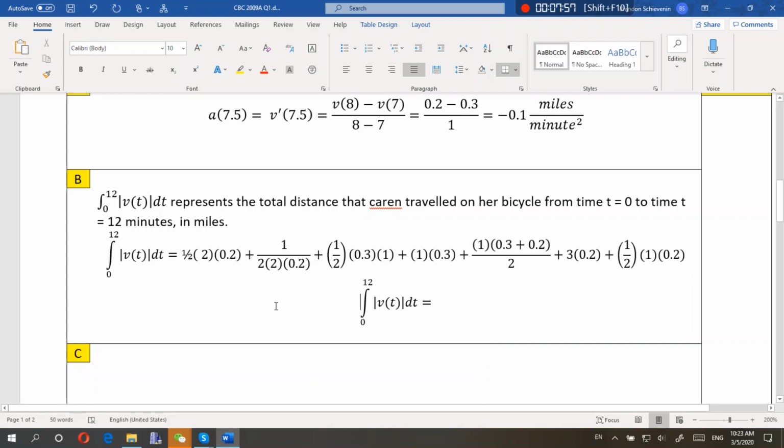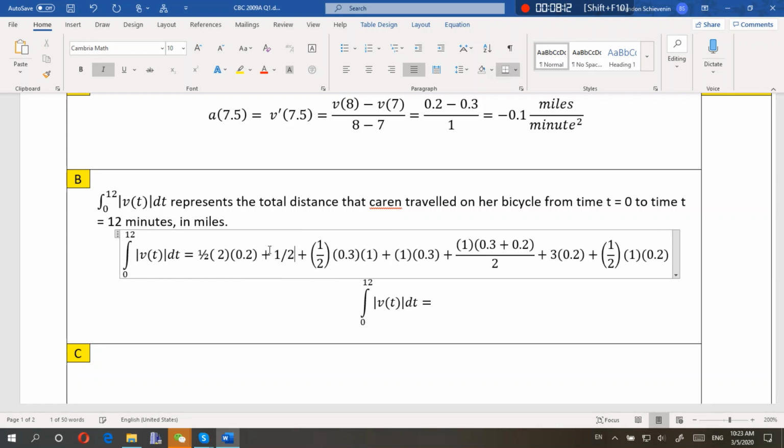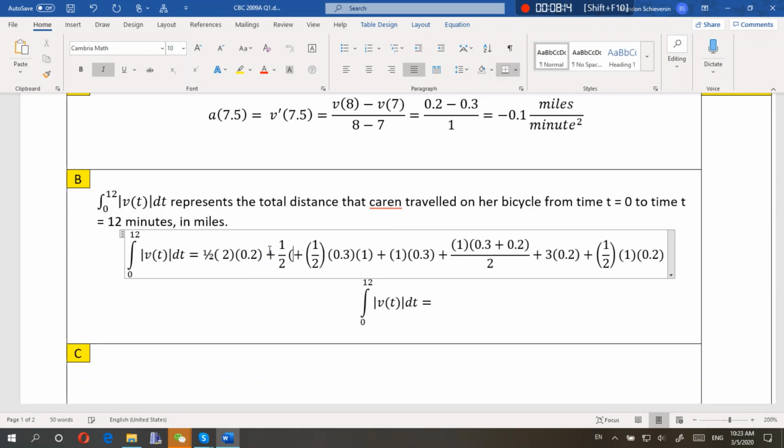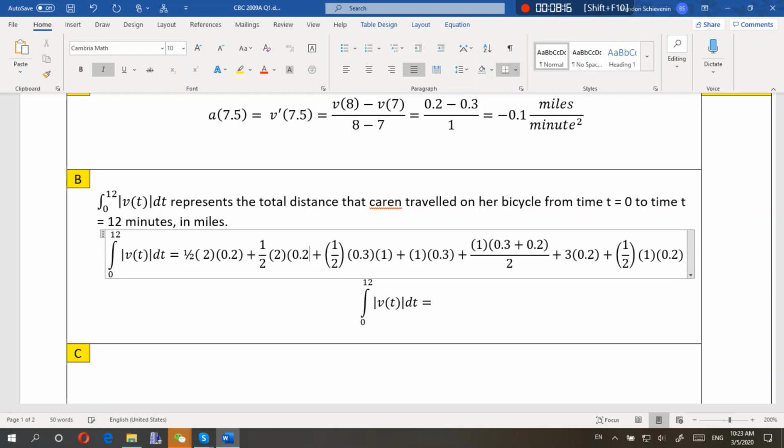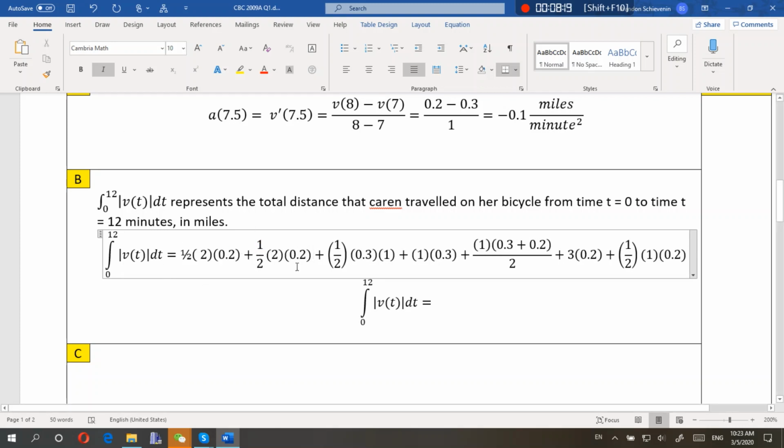Oh, I think this one messed up when I converted that to an equation. So let me rewrite this one really quick. This was 1/2 times 2 times 0.2. Okay. So let's start adding these together.